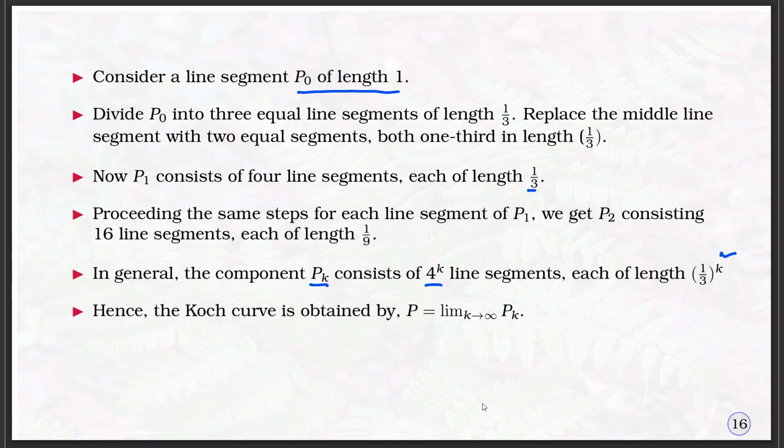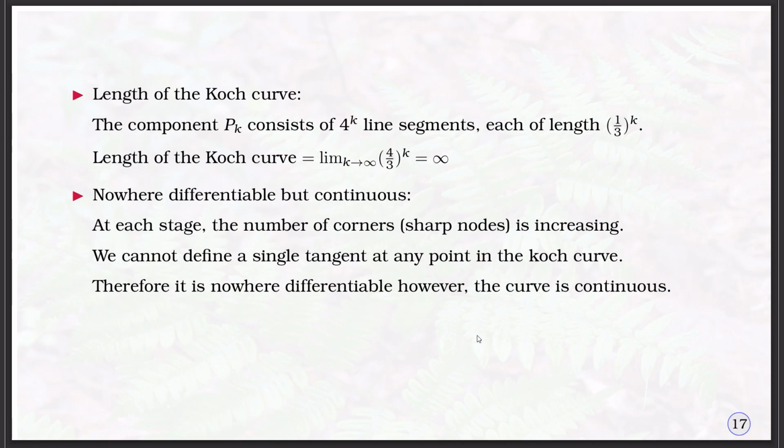So, if you want to find the Van Koch curve, we need to continue this process an infinite number of times, then we will get the Van Koch curve. Then let us try to find the length of the Van Koch curve.